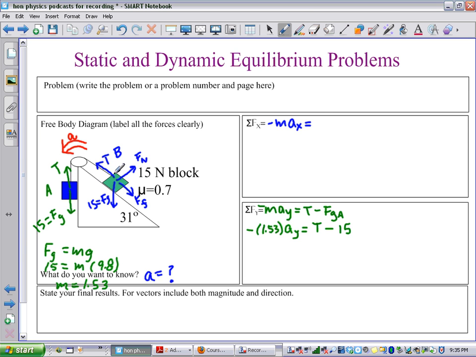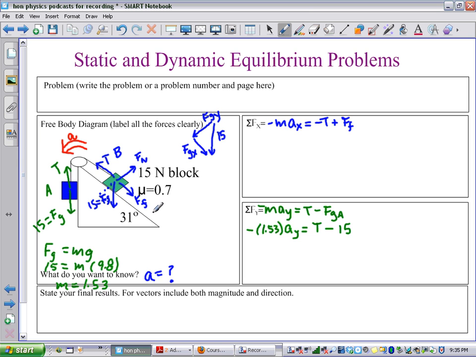And the forces will be: T is in the negative direction, friction is in the positive direction, and then gravity, we're going to have to divide into components. Let me just draw my gravity triangle up here so you can see it more clearly. This will be 15, which is F_g. This will be F_gx, and this will be F_gy.